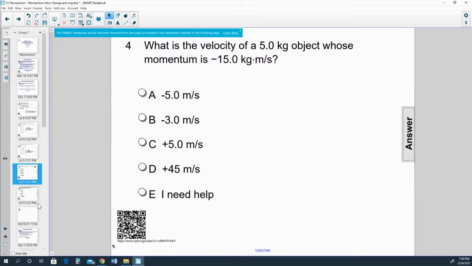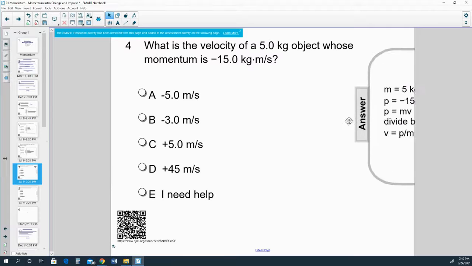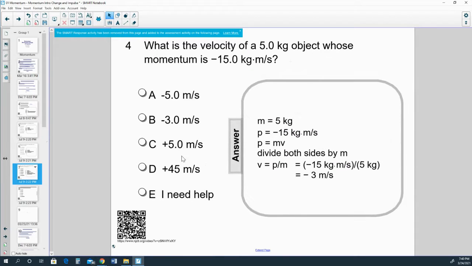What is the velocity of a 5 kilogram object whose momentum is negative 15 kilograms times meters per second? Here we have to solve for velocity. To rearrange the equation, p equals mv is the base equation.